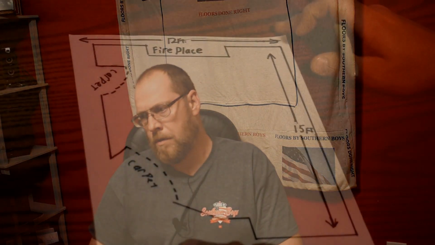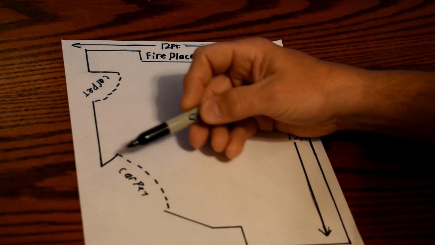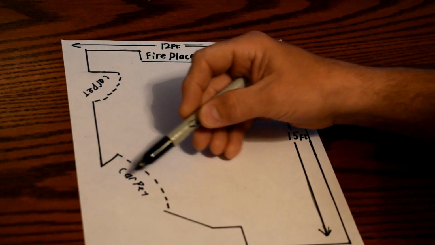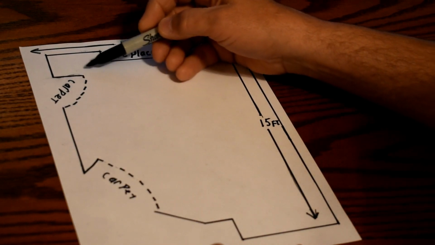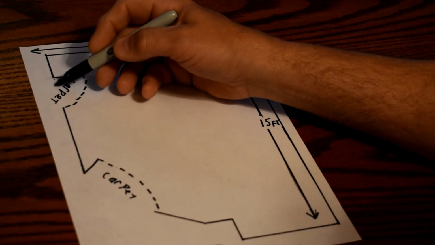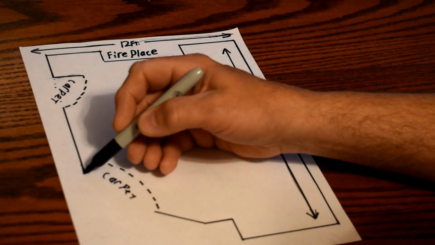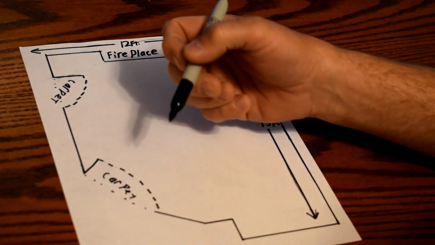So since we've got carpet here and carpet here, these are representing doors that open this direction, and this door opens up this direction. That's what that's representing here. These walls actually will come straight across here when the door is closed. This one is going to be a little catty-cornered right there.